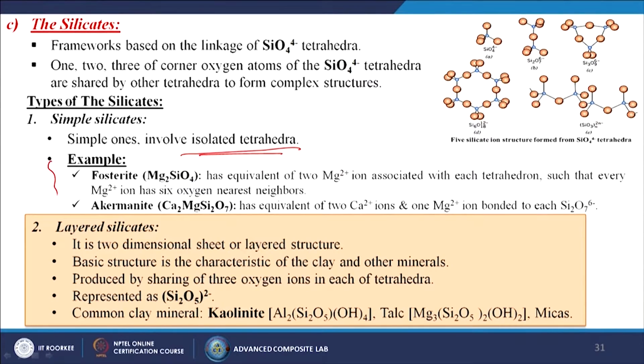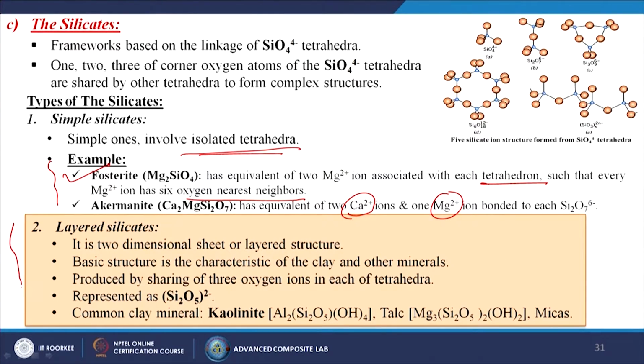What are the examples? Forsterite, Mg2SiO4, has the equivalent of 2 Mg2+ ions associated with each tetrahedron such that every Mg2+ ion has 6 oxygen nearest neighbors. Then akermanite, Ca2MgSi2O7, has the equivalent of 2 Ca2+ ions and 1 Mg2+ ion bonded to each Si2O7 6-.